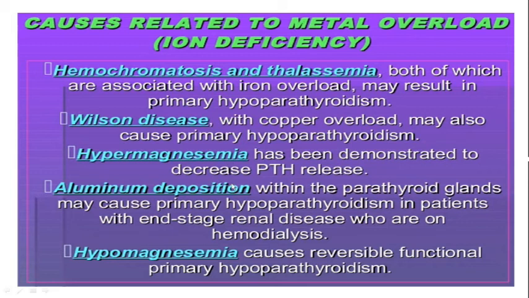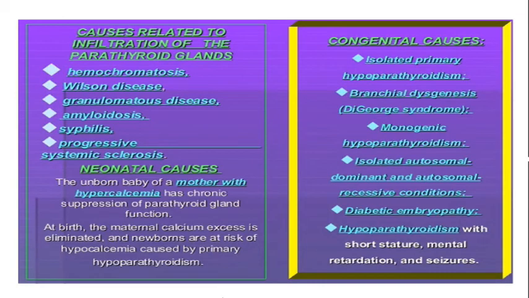Aluminium deposition, especially within the parathyroid glands, may cause hypoparathyroidism in patients with end-stage renal disease. Then hypomagnesemia can again be a cause for a reversible functional hypoparathyroidism. Then infiltrative causes are hemochromatosis, granulomatosis, amyloidosis, and progressive systemic sclerosis.